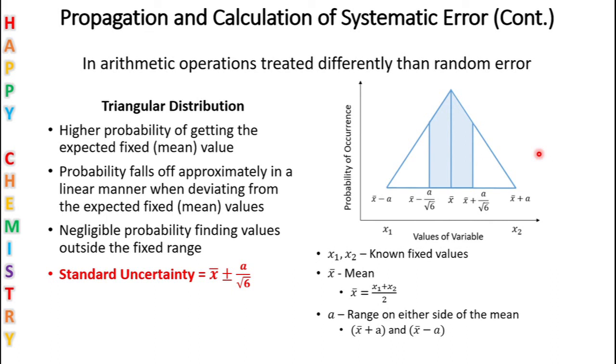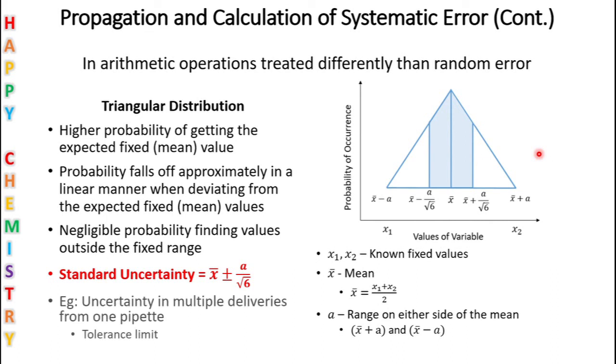Example for this kind of system is uncertainty in multiple deliveries from one pipette due to tolerance limit. So, rectangular distribution and triangular distribution are two examples of how systematic error propagates.